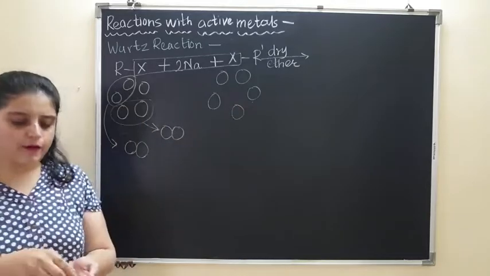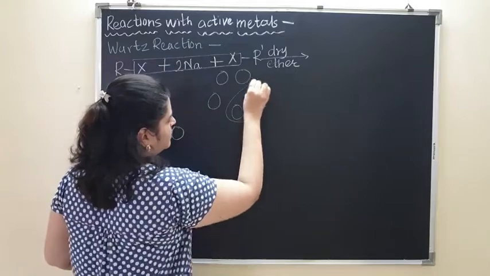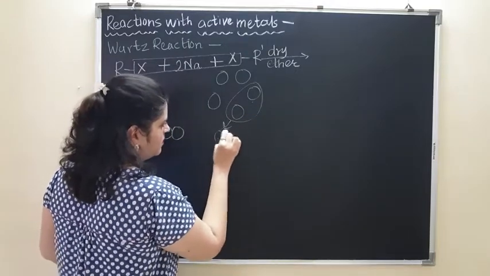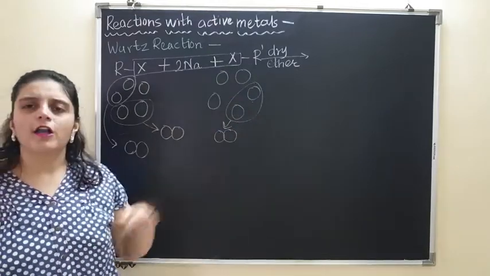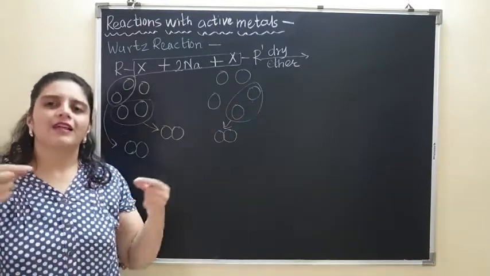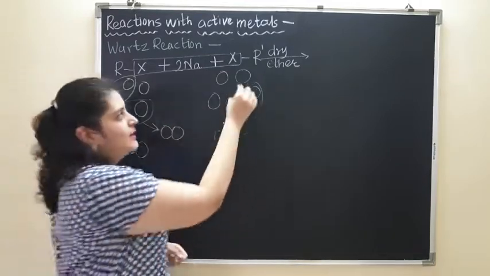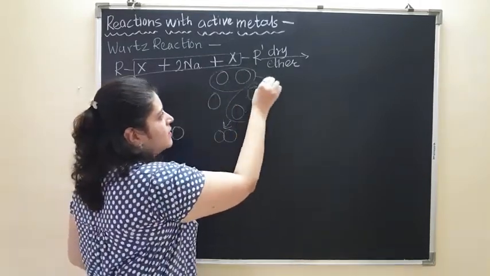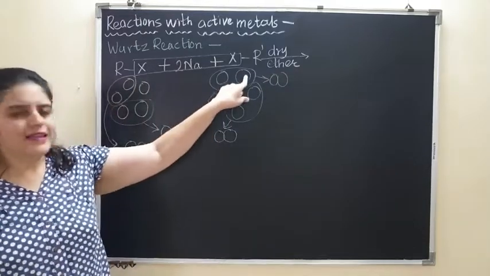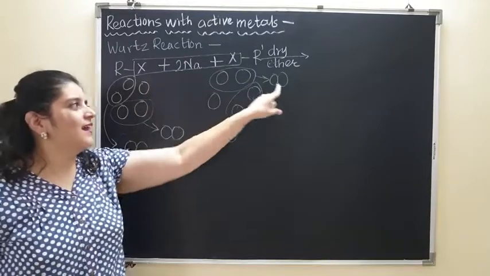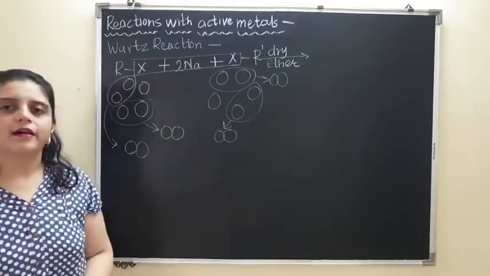Same thing can happen over here. This second alkyl group, these 2 molecules of second alkyl group will combine with each other to form a higher alkane. Similarly, these two molecules of second alkyl halide can combine with itself and they will form higher alkane.